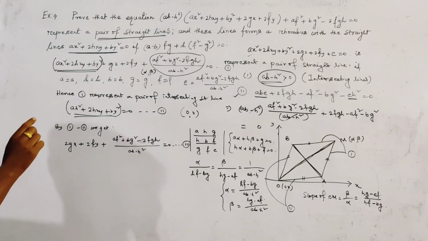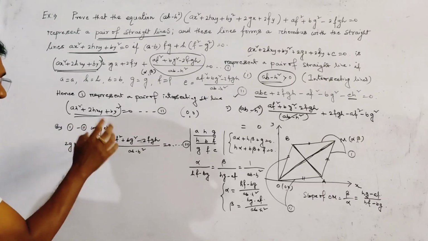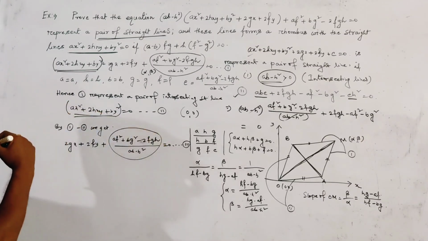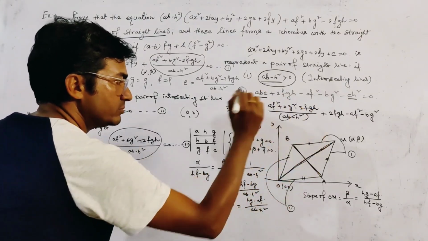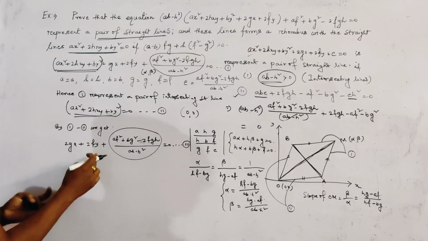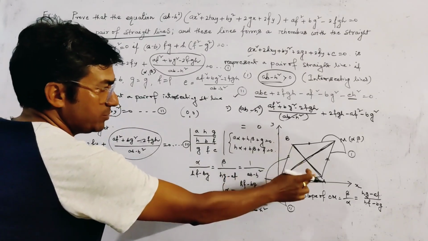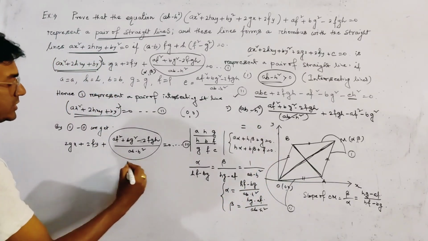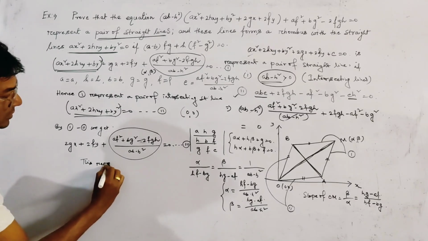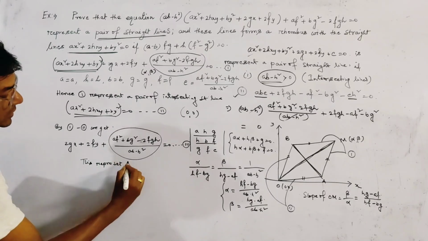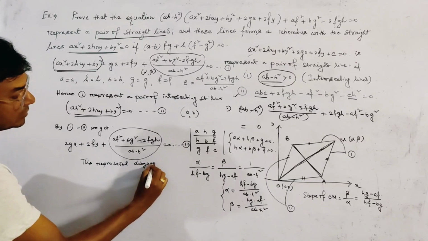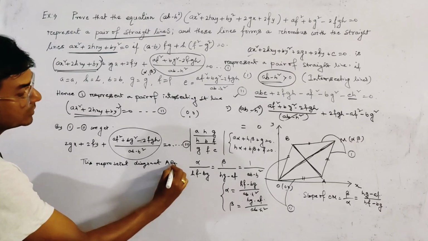And this does not pass through the origin, because the constant term is present, so this is not OM. It is obvious that this is the other diagonal, AB. So this represents diagonal AB.